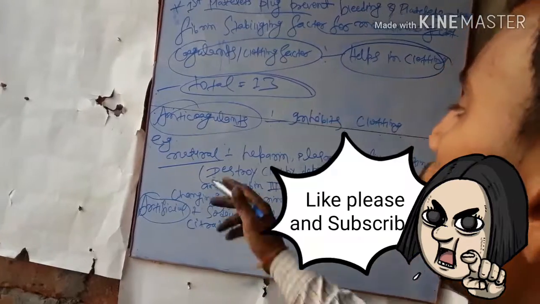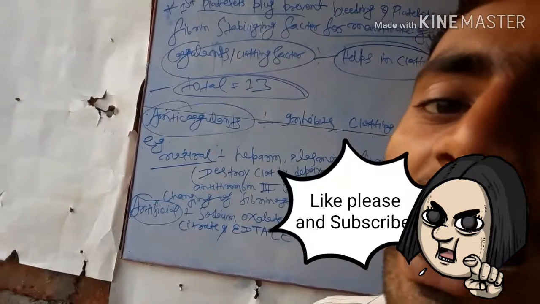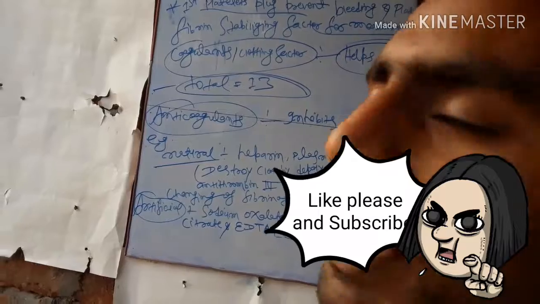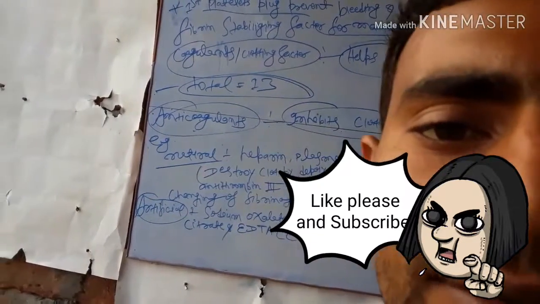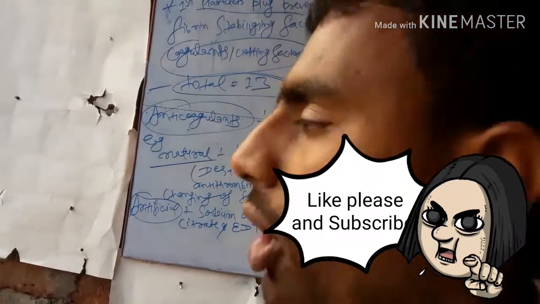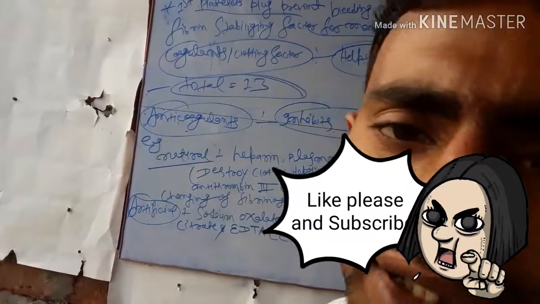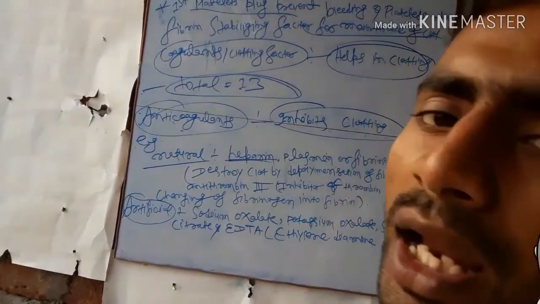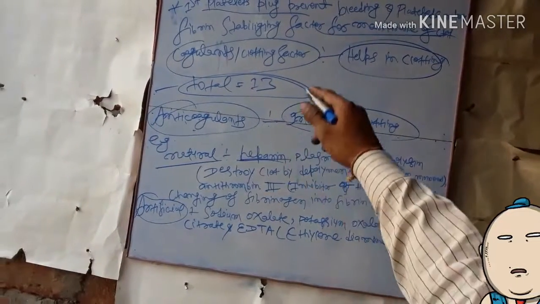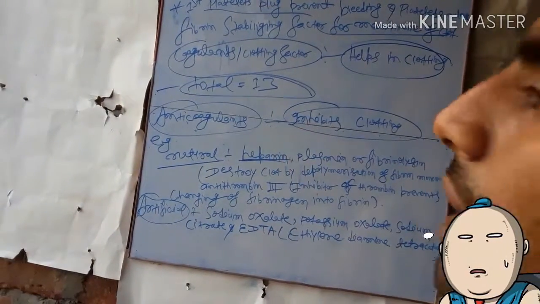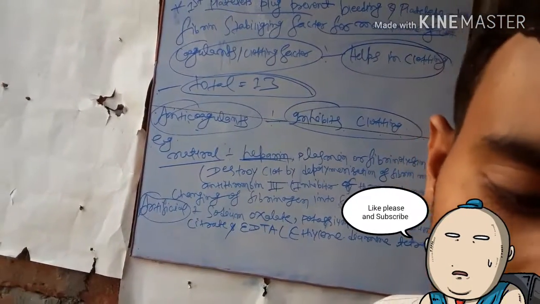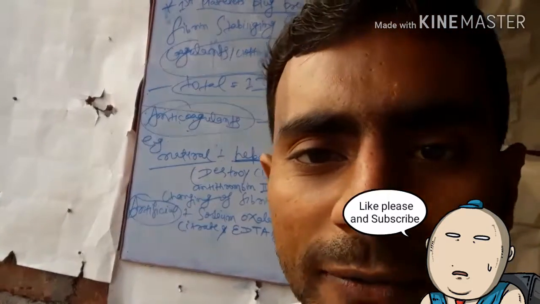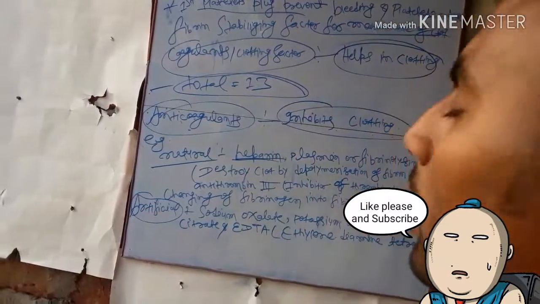Anticoagulants: anti means opposite, so anticoagulants inhibit clotting. Examples of natural anticoagulants: first, heparin, which deactivates prothrombin and prevents its conversion into active thrombin.